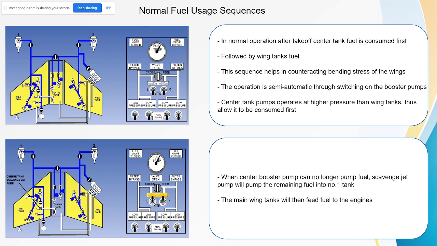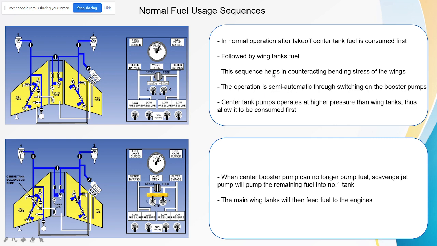Okay, so now we will look into the normal fuel usage sequence. In normal operation, after takeoff, it must be the center tank fuel to be consumed first, then followed by the wing tanks' fuel. Why does this occur?